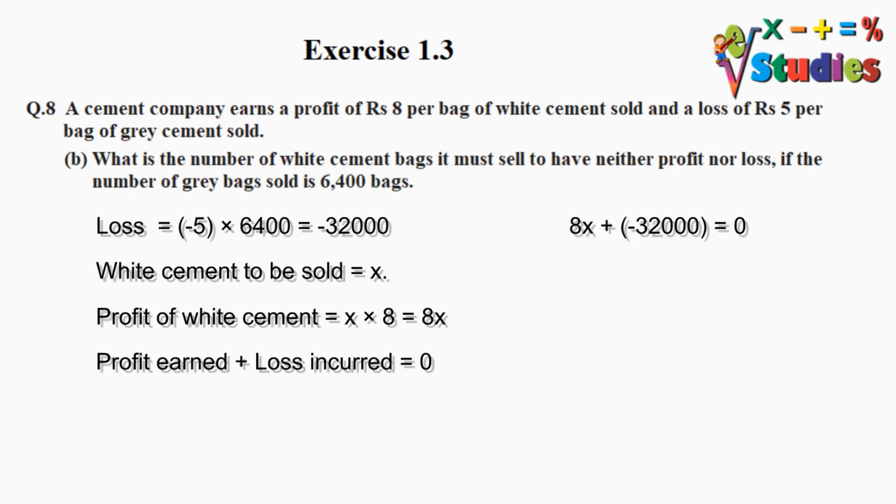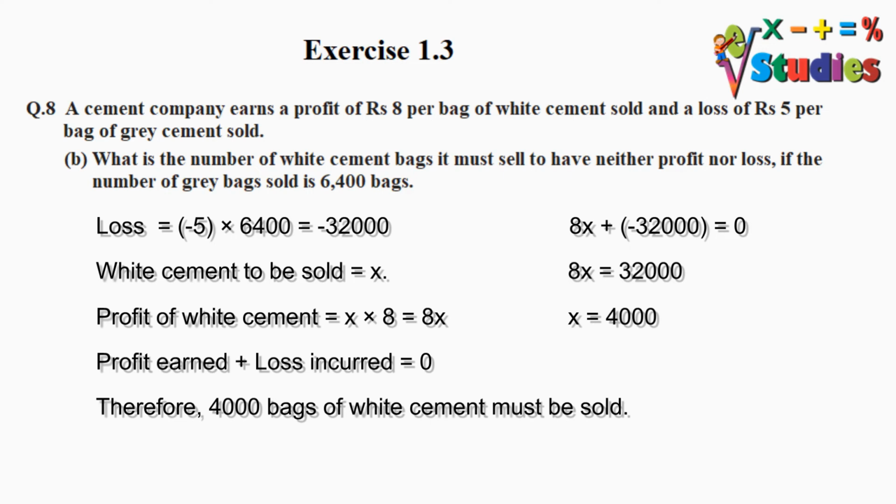So 8X plus negative 32,000 is equal to 0. So 8X is equal to 32,000, where X is equal to 32,000 divided by 8, which gives us 4,000. Therefore, 4,000 bags of white cement must be sold in order to incur no profit and no loss.